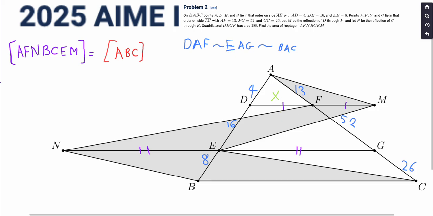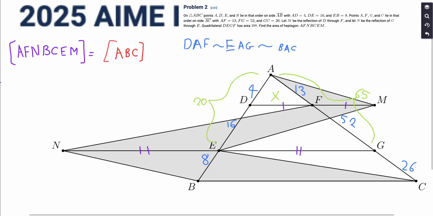Well, in ADF, in comparison to AEG, what we notice is that we have dilated the side lengths by a scale factor of 5. So here, AD is equal to 4, but AE is equal to 20, 16 plus 4. And so we multiply the side lengths by 5. And you can just verify that by looking at this side. Here, 13 plus 52 is equal to 65.